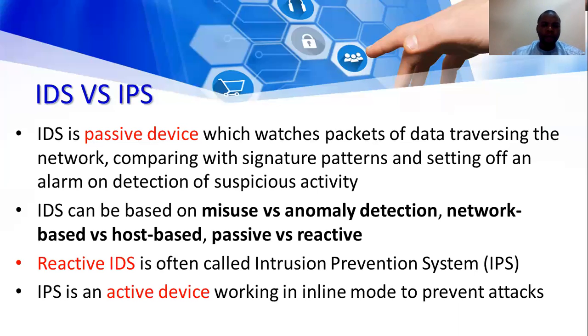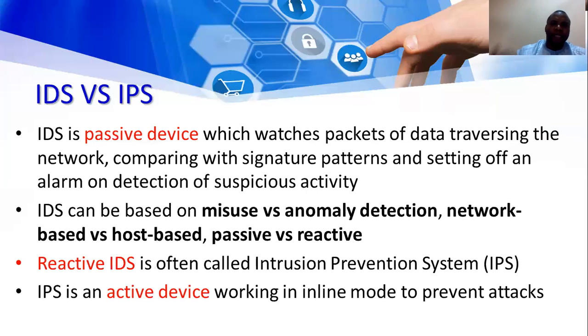Okay. We have the passive versus reactive. In fact, the IDS itself is called the passive device, while the reactive IDS is often called an intrusion prevention system. Why do we call it reactive? Because it detects intrusion and then it prevents this intrusion.